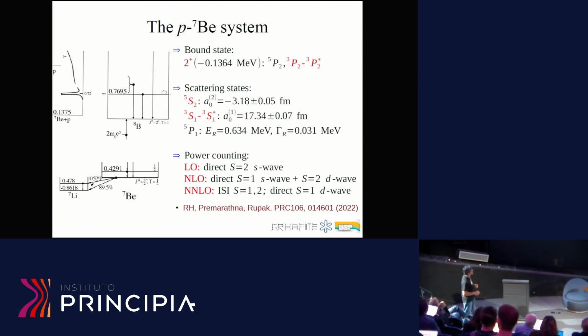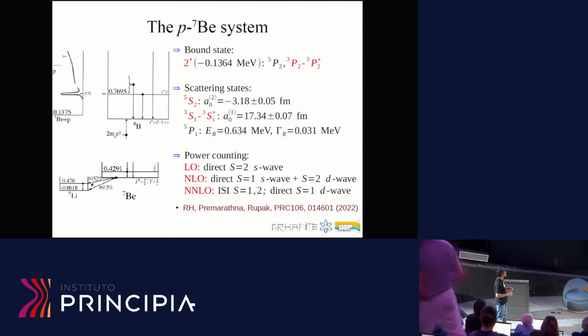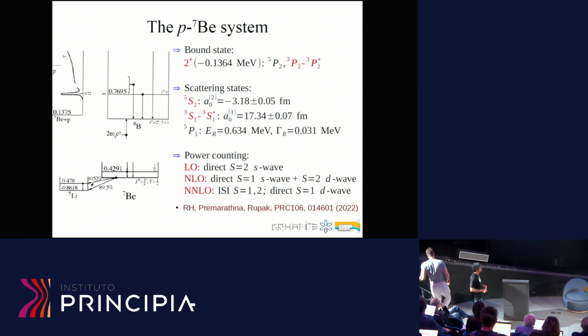So at the leading order in this power counting, we have just the direct interaction, and the strong part just comes from the spin 2 channel in S wave. At the next to leading order, the total spin 1 enters, and also the D wave in the spin channel 2 enters.